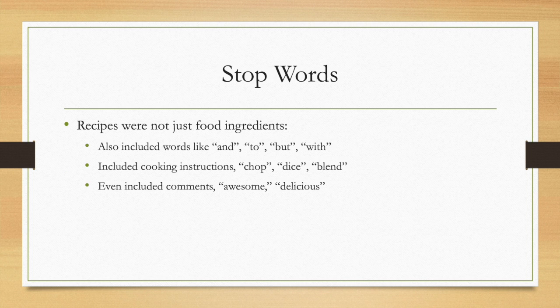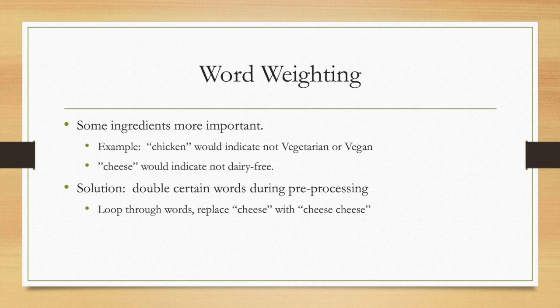The stop words were just words that were irrelevant to my classifications and words that I didn't care about because these words were not food ingredients. However, certain food ingredients were even more important in the classification of the recipe. These such words were given double weights.